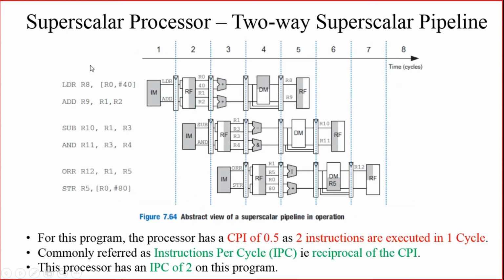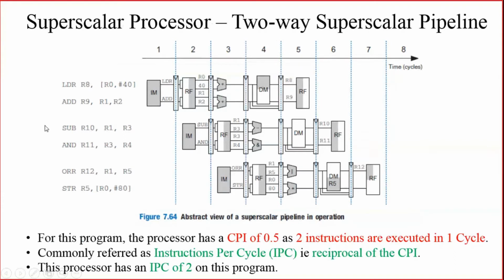Next, let us take an example program like this. This is a diagram showing the pipeline implemented in a superscalar processor. Here we are again using a two-way superscalar architecture where the pipeline is implemented.